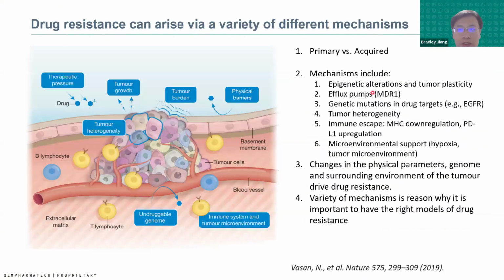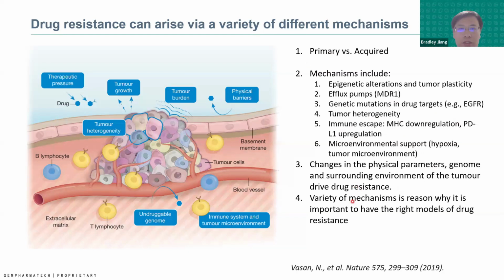Resistance is categorized as primary resistance and acquired resistance based on the response to the drug before or after treatment. The mechanisms of resistance to different drug types are complex, including epigenetic alteration, efflux pumps, genetic mutations, tumor heterogeneity, immune escape, and environmental support.